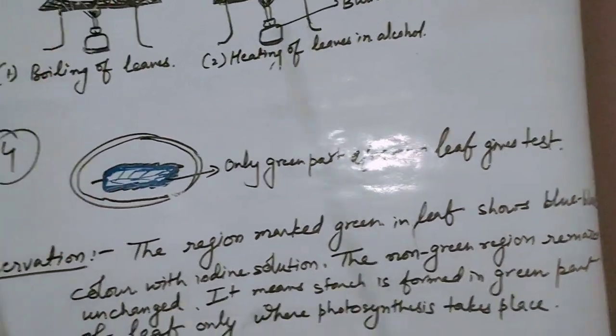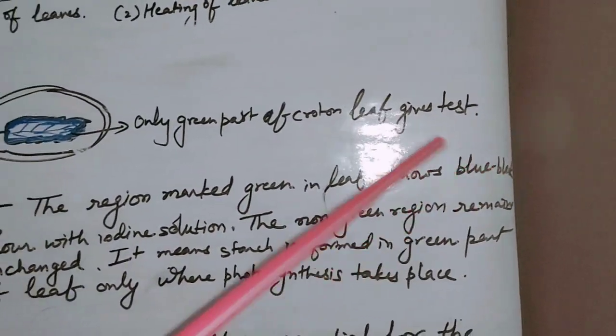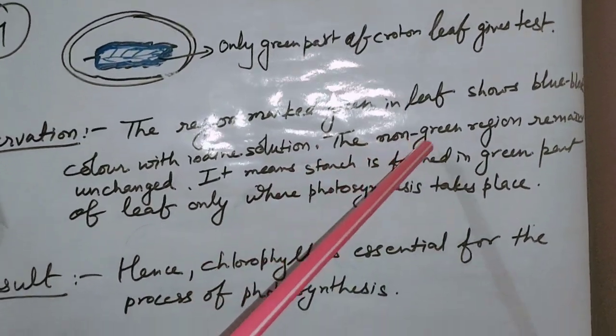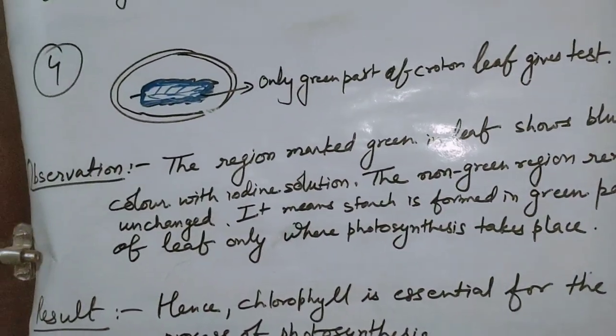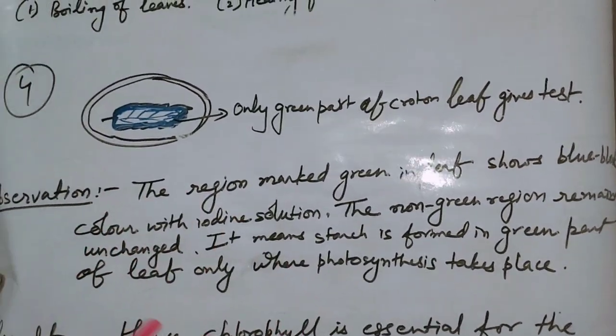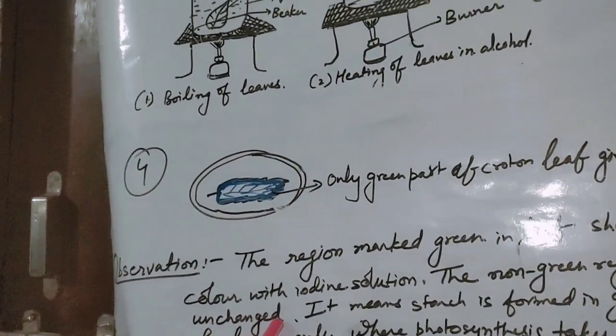We observe by this activity that the green region of the leaf shows blue-black color with iodine solution, and the non-green region, which is the variegated portion, the yellow patches, which give a good appearance as an ornamental plant, remains unchanged.